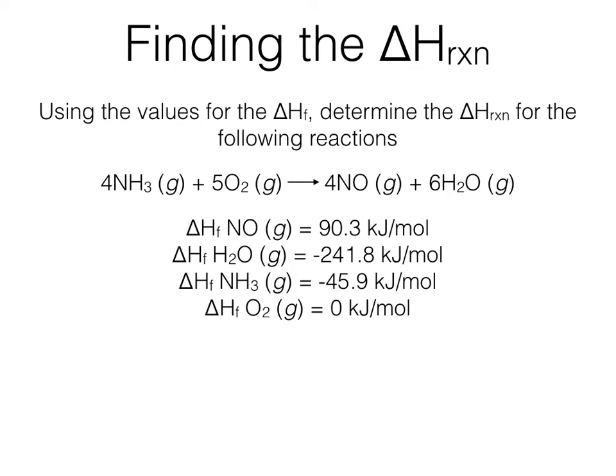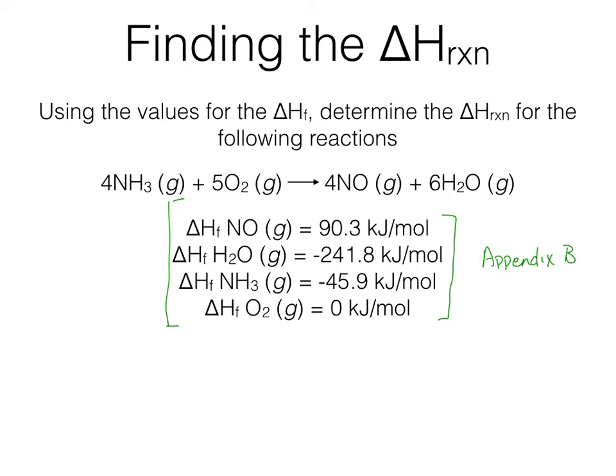Okay, so let's do an example now. Using the values for the delta H of formation, determine the enthalpy of reaction for the following reaction. In this reaction, I have ammonia gas plus oxygen gas forming nitrous oxide and water. I've been given a snippet of Appendix B from your textbook.